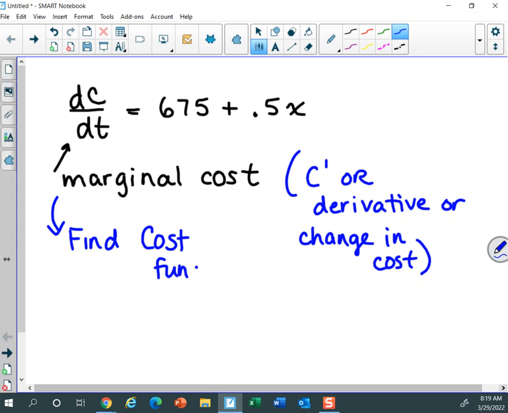Our goal is to find the cost function. Okay. And in addition to the information we have here, oh, they don't have that. Okay, I'll make up something in a minute here. Let me think about this for a second.